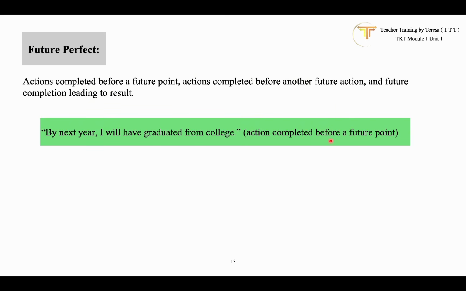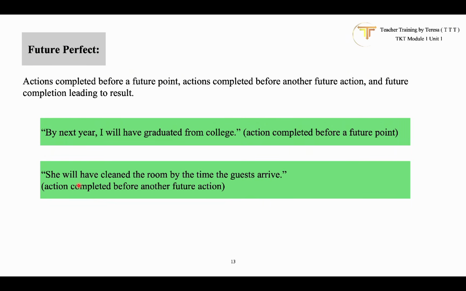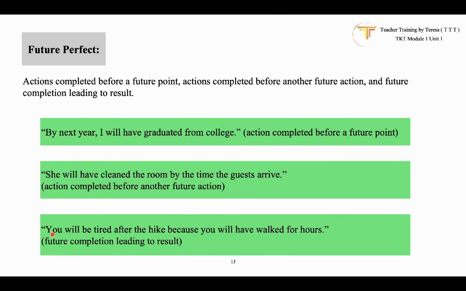Action completed before a future point. She will have cleaned the room by the time the guests arrive. Action completed before another future action. You will be tired after the hike because you will have walked for hours. Future completion leading to result.